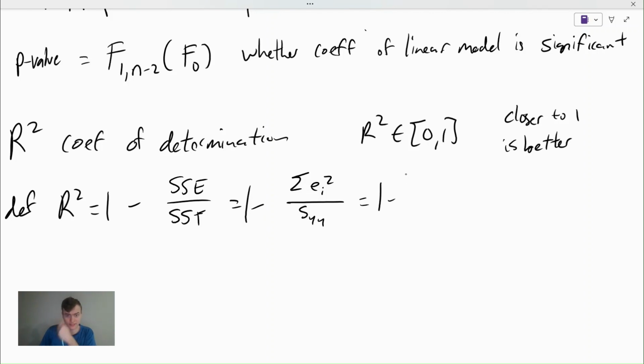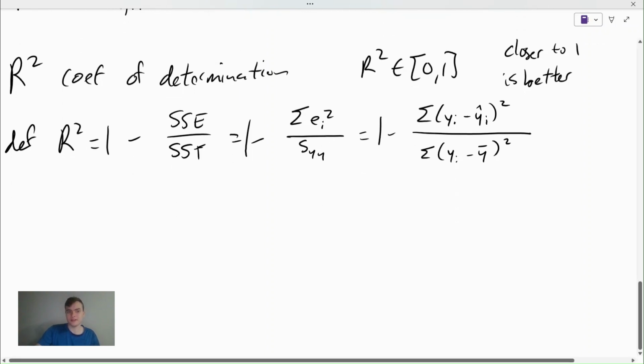And so that's 1 minus the sum of (y_i minus y hat_i) squared. That's what our error is, the difference between actual and predicted. And then SYY, I keep saying that wrong, is the sum of (y_i minus y bar) squared. So in the numerator we have the prediction, in the denominator we have the mean.